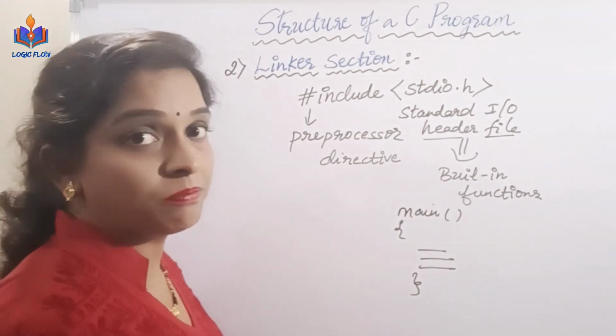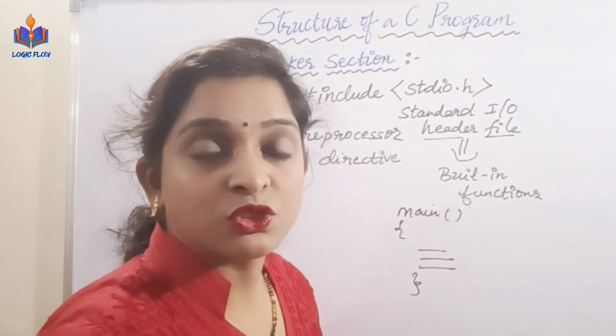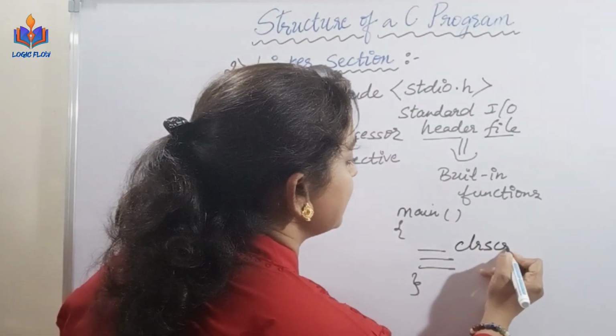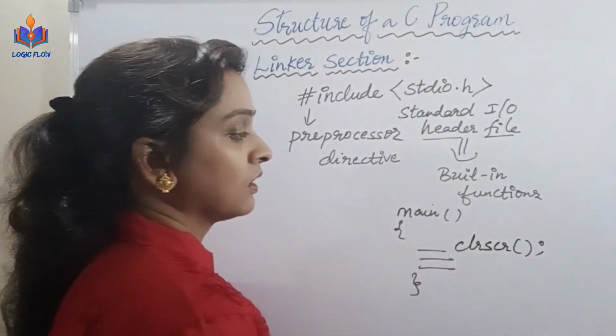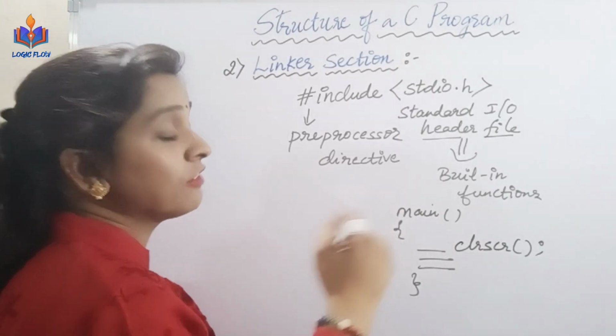In the main program, we write some functions. We call some built-in functions. For example, I want to clear the screen, so I just call the function called clrscr. I need to include one more header file for that.